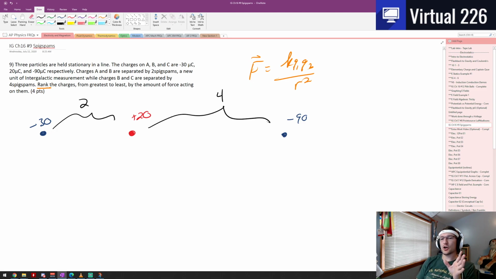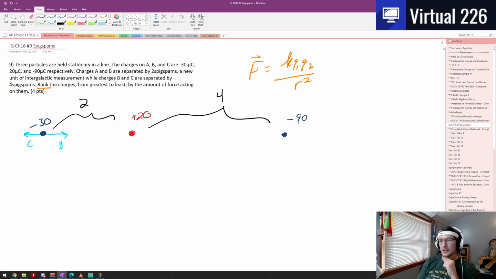let's start with charge A for a second, right? Charge A is being attracted to the 20, and it is being repelled by C. So that's the force due to B, and this is the force due to C, okay?